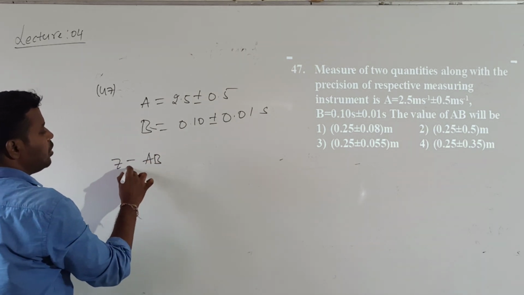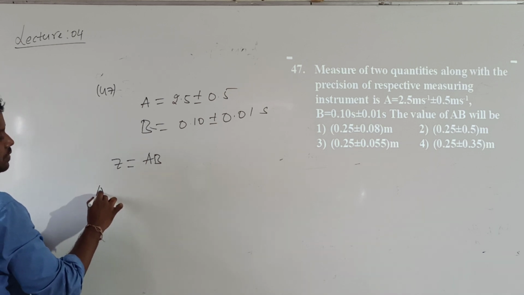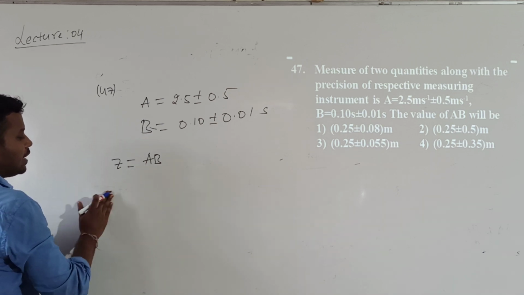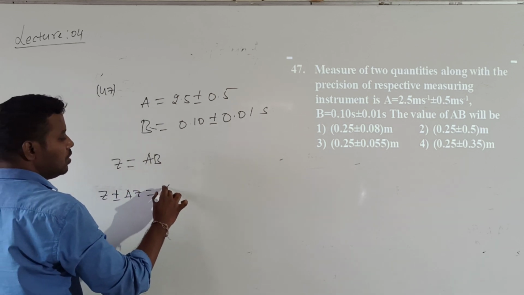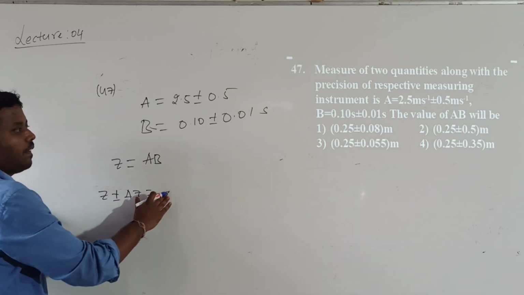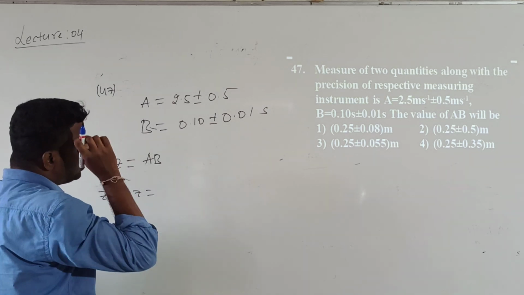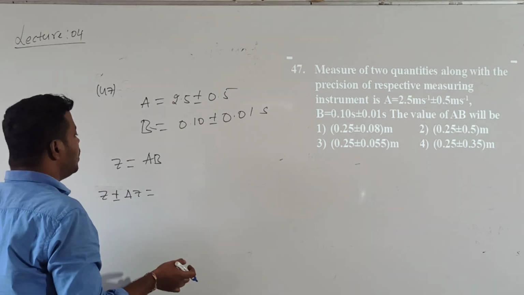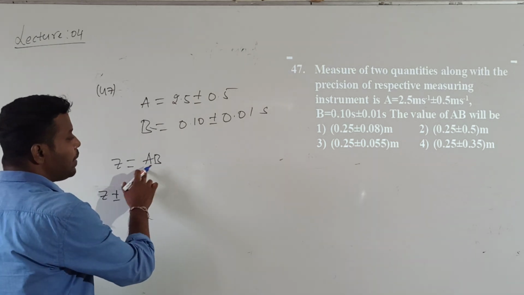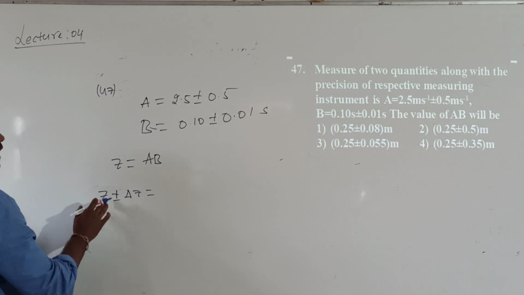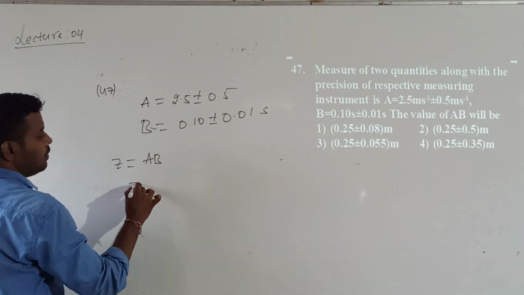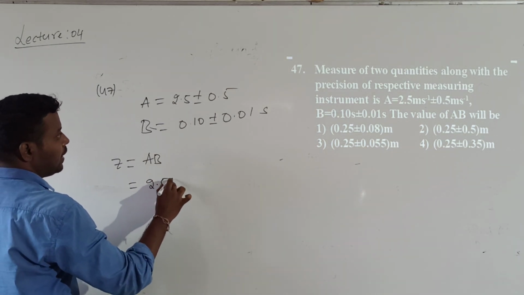If I call Z equal to AB, then Z plus or minus delta Z will be equal to, so what we need to calculate is, we want to express this AB product in terms of error also. So first I want to calculate the Z value.